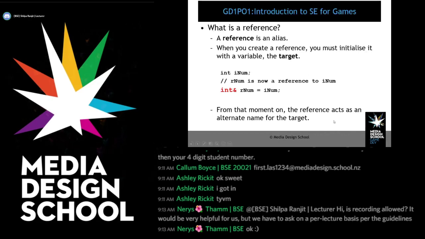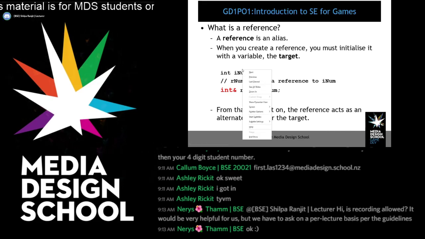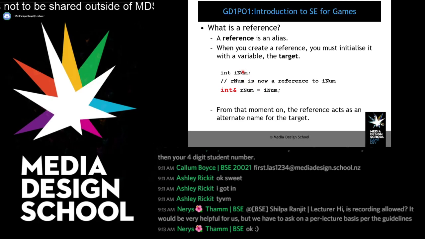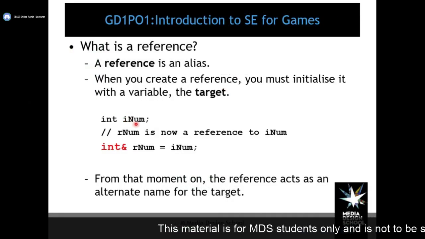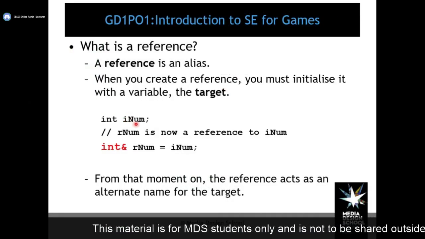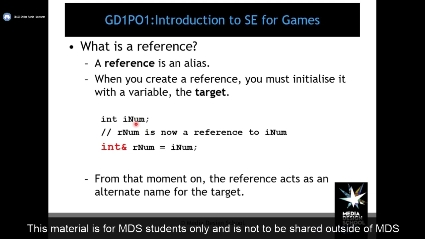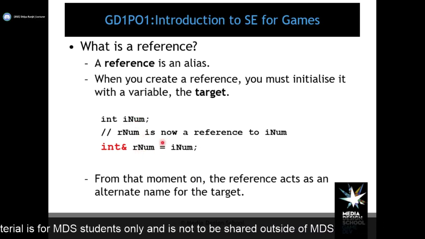So whenever you create a reference, you must initialize it with a target. So for example, you can see where I'm talking. Now suppose I have an integer variable called inum, but I want it to be referred to by another name, say rnum.